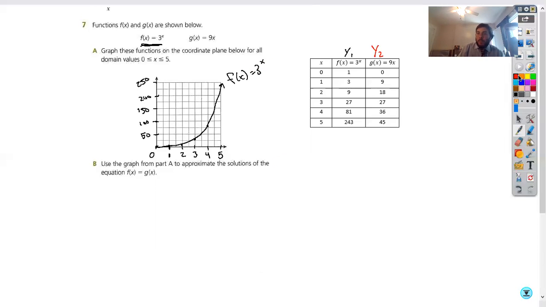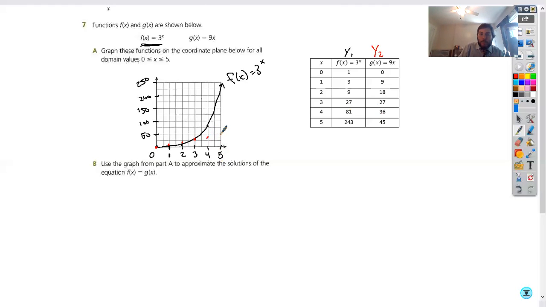So now I'm going to graph our second function, which is g of x equals 9x. So at 0, here we'll put a point at 0. At 1, we're up to 9, which remember was the same as when we were at 2, so it's about right here. Then at 2, we get up to 18, which is still below 25. At 3, we're at 27, which is the same point as here. 4 is up to 36.